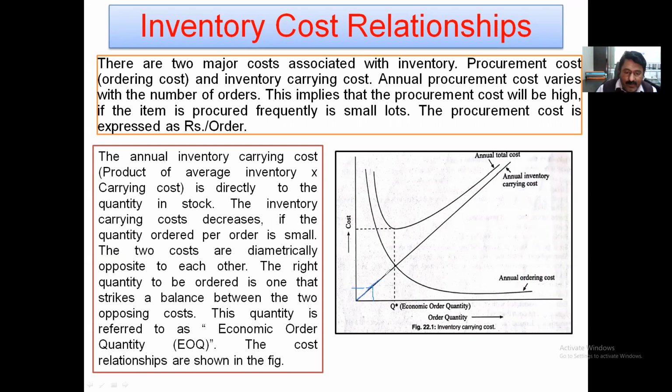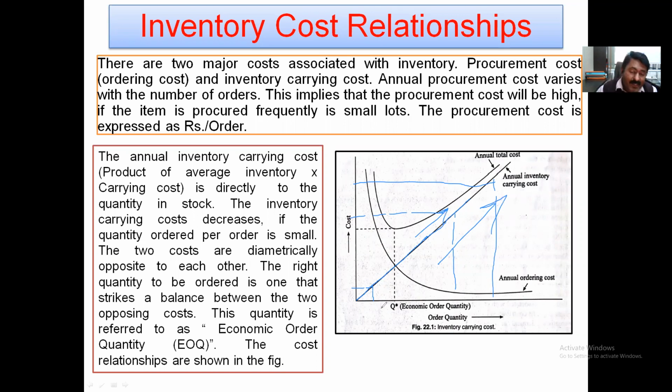It goes on increasing in this way. It is directly proportional. If you increase the order, the cost also increases. Again, increase the order, the cost increases again. So a gradual increase is observed here. Smaller lots mean smaller annual inventory carrying cost.